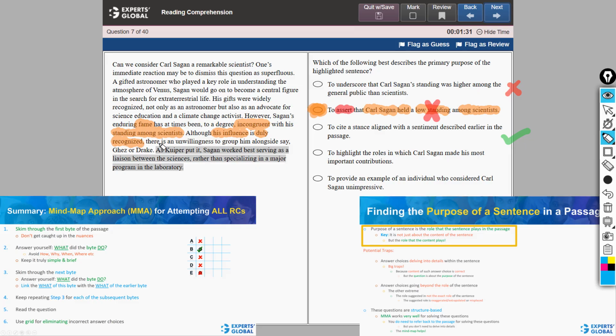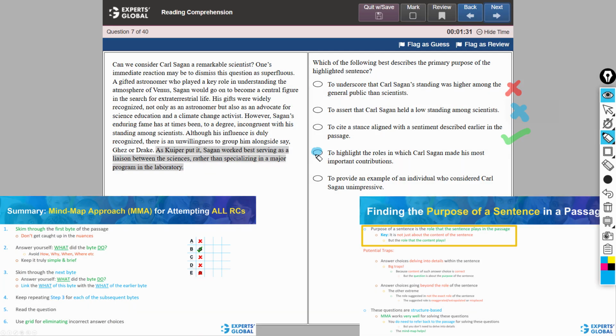Besides, the second and a bigger problem here is that the purpose of the highlighted sentence is not to assert a low standing of our scientist. The purpose is to give an example, as in to cite a stance, as answer choice C suggests, for explaining this unwillingness among scientists in grouping our scientist alongside these remarkable scientists. So that's another reason why answer choice B is incorrect.